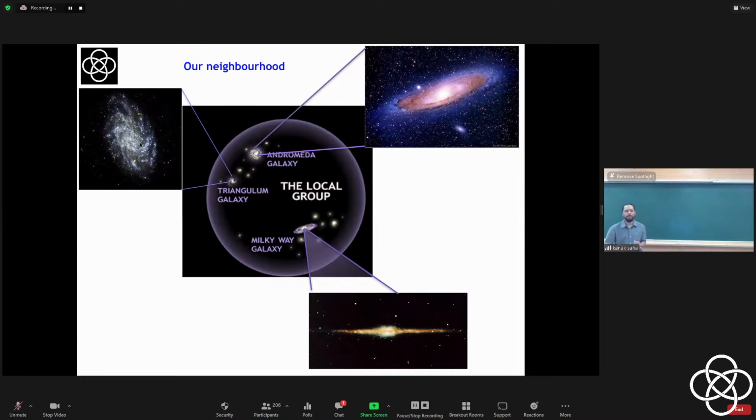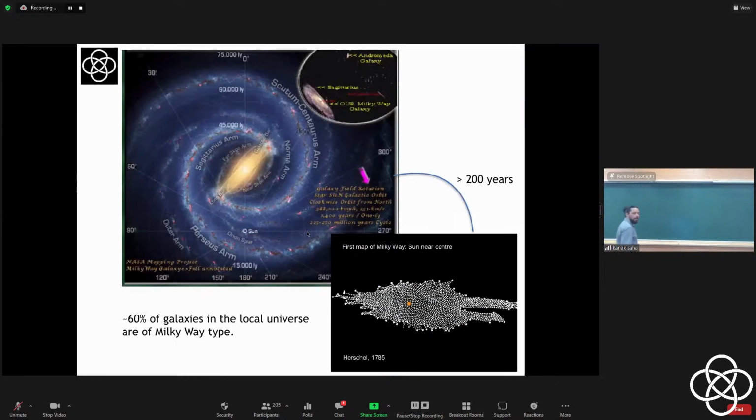Associated with each of these big galaxies like Andromeda and the Milky Way, there are many satellite galaxies or dwarf galaxies around them, which are smaller in mass and size and velocity. So this would be the artist impression of our Milky Way galaxy.